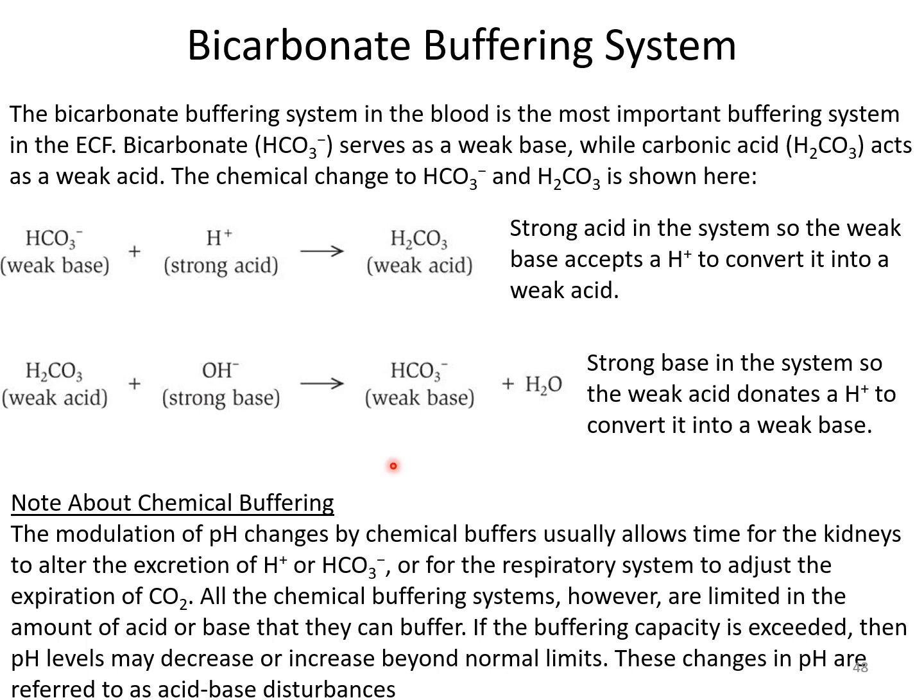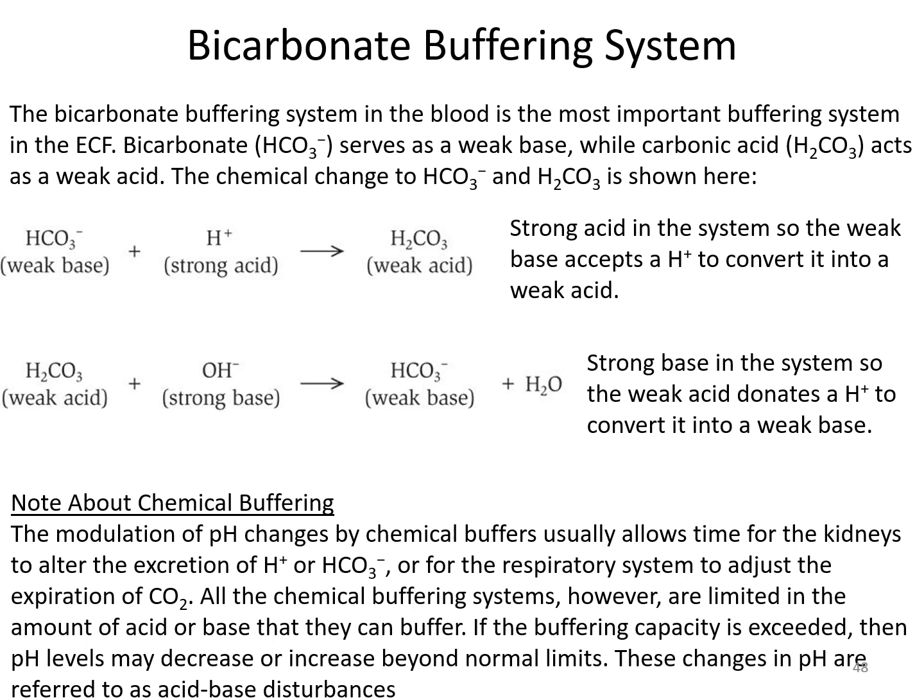Okay, a little note down here about chemical buffering. The modulation of the pH changes by the chemical buffers usually allows time for the kidneys to alter the excretion of hydrogen or bicarbonate, or for the respiratory system to adjust the expiration of CO2. So they are there just to basically buy ourselves some time for those physiological systems to kick in, the kidneys and the respiratory system.